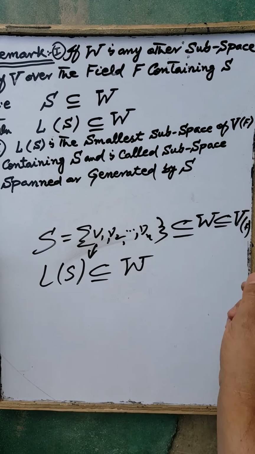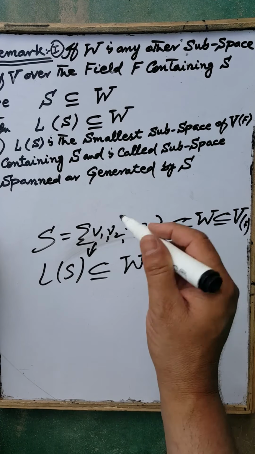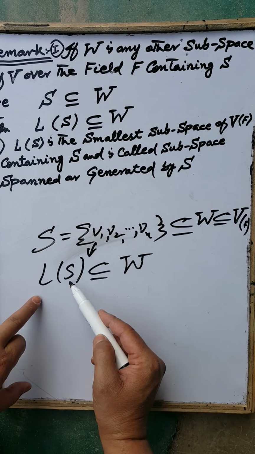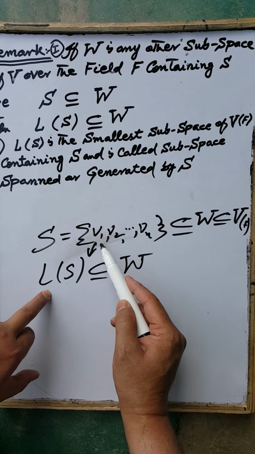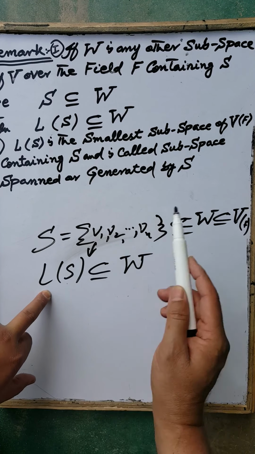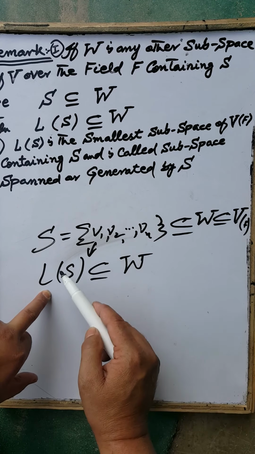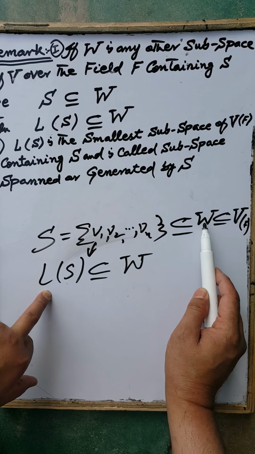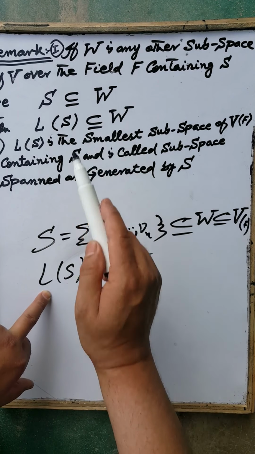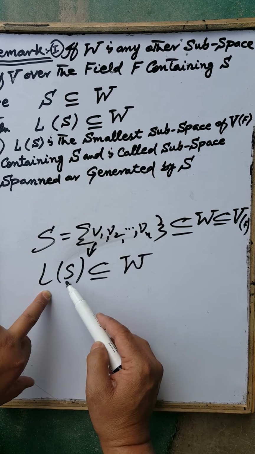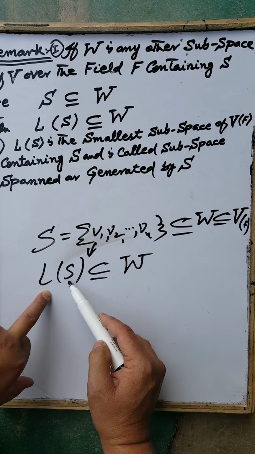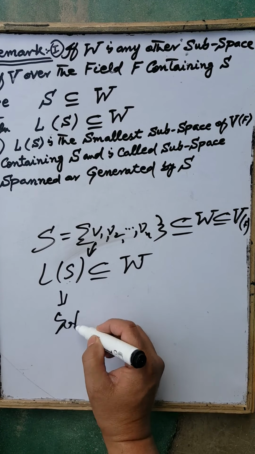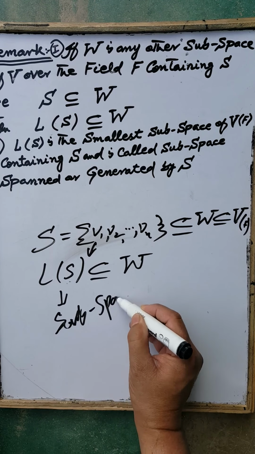That is, the set S has finite elements v1 up to vn. Then the linear span of S has finite elements of the vector space V over the field F. But the set S is a subset of the subspace W over the field F. Therefore, the linear span of S is a subspace, which is proved in our previous theorem.